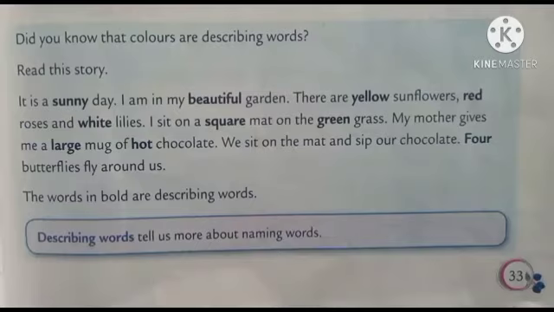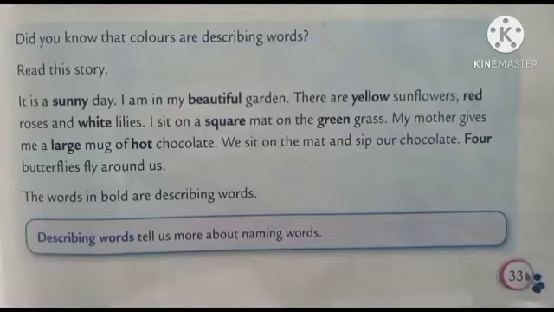What kind of ball it was, children? It was a white ball. Now, read the story. It is a sunny day. I am in my beautiful garden.